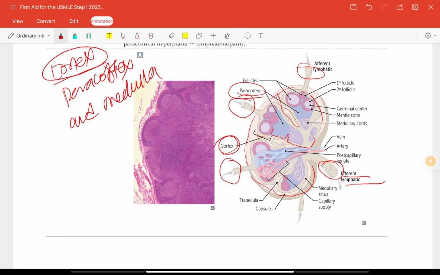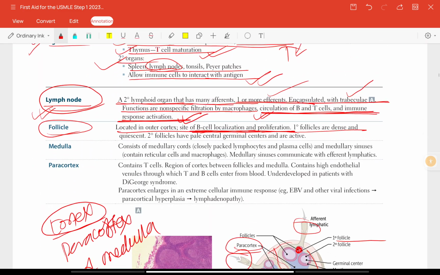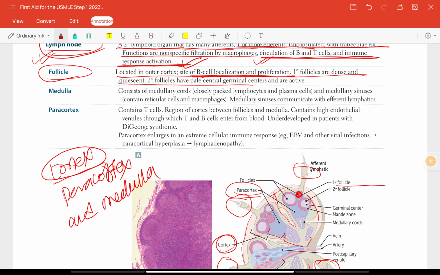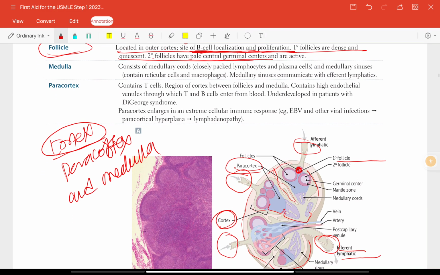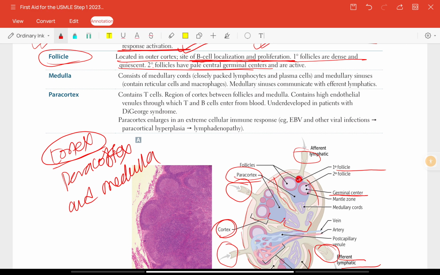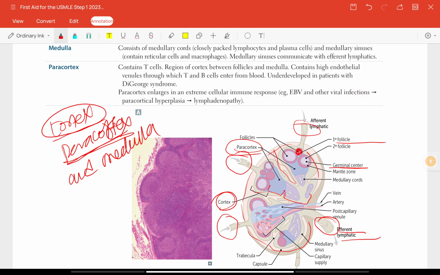Here we can see the primary follicles are dense, and secondary follicles have pale central germinal centers.